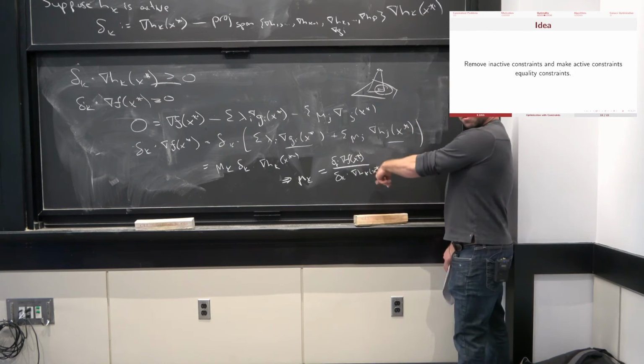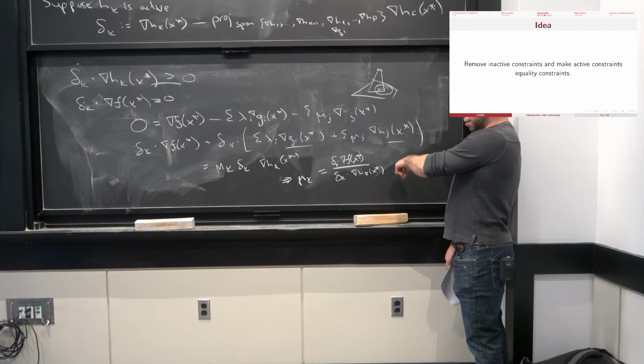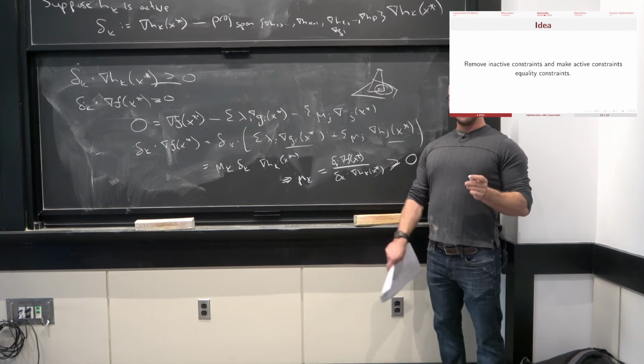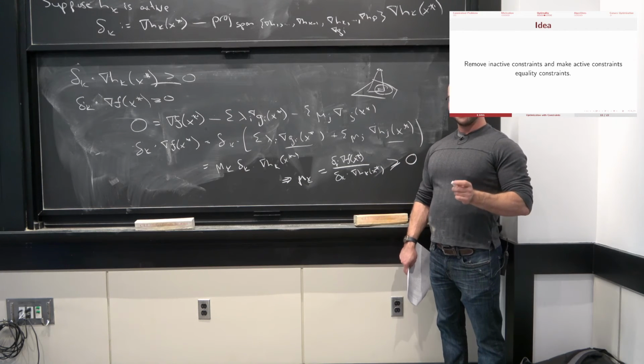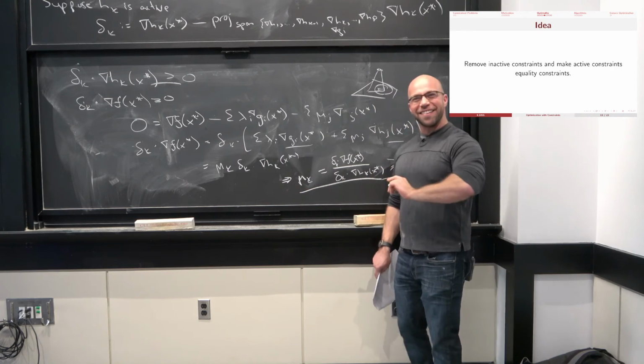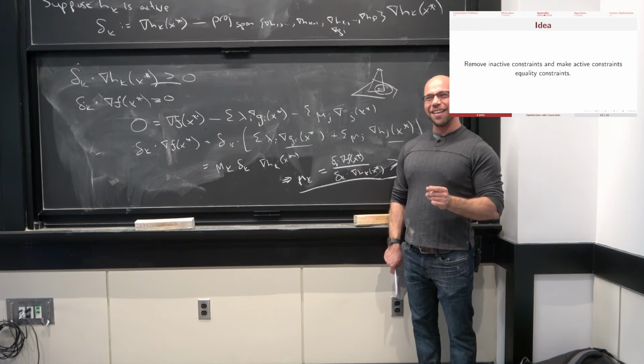We just argued that both of these numbers, this one's positive and this one's greater than or equal to 0, or the other way around, sorry. So this whole thing is greater than or equal to 0. Ta-da! So what did we just show? We showed that mu k is greater than or equal to 0. So we did a really lengthy argument to show a one-line formula.